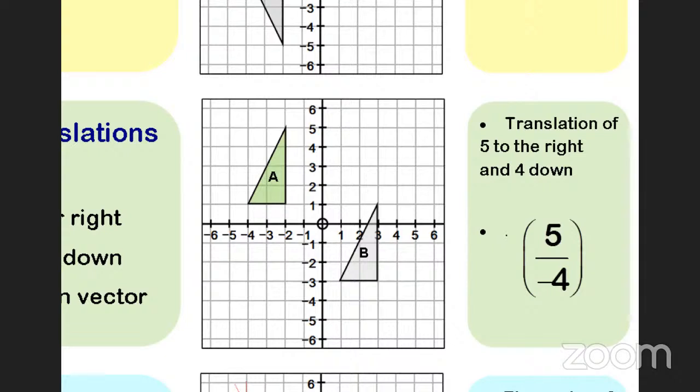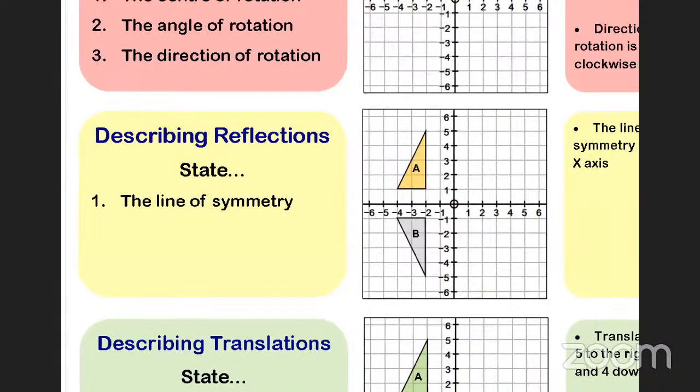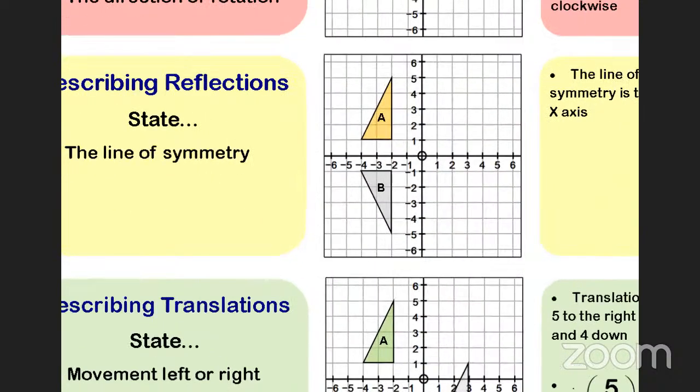So basically, the main thing for translation is the translation vector. Next, reflection. I don't have all of it here, but we'll talk through them. A reflection in the x-axis. Suppose you have to reflect the point minus 2, 1 in the x-axis. It becomes what?